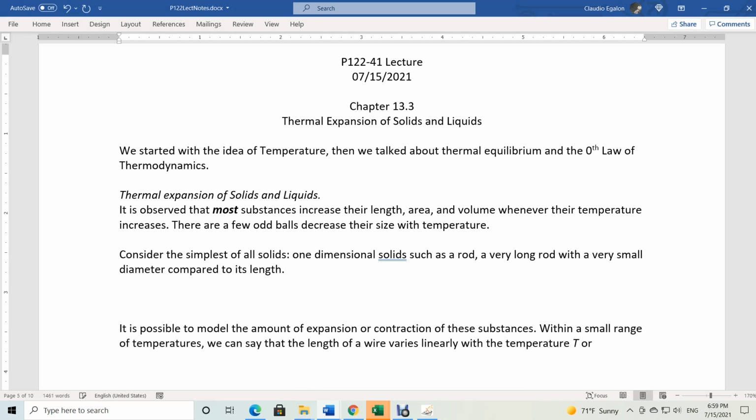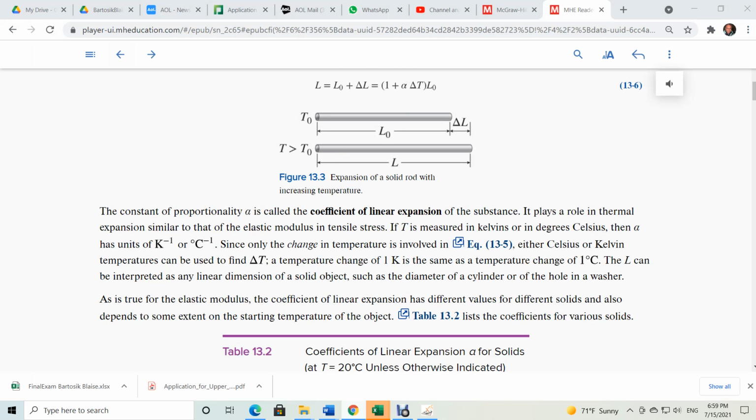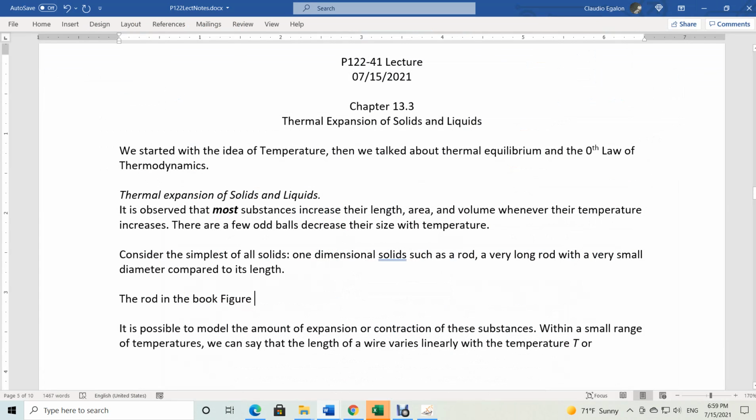So the rod in the book, we're talking about figure 13.3, has an initial length L naught at an initial temperature T naught.